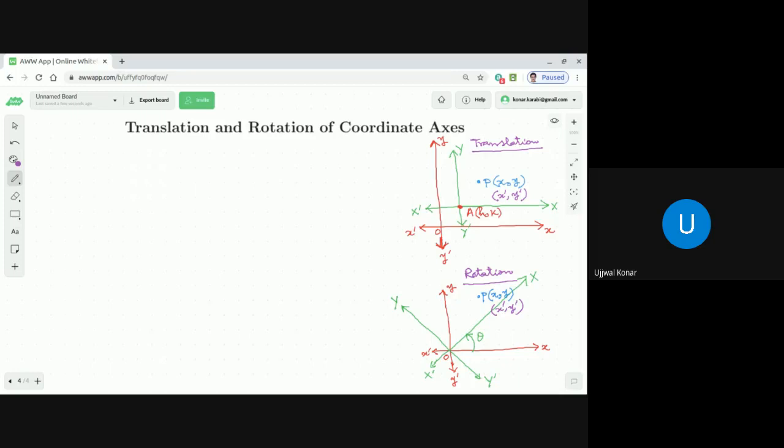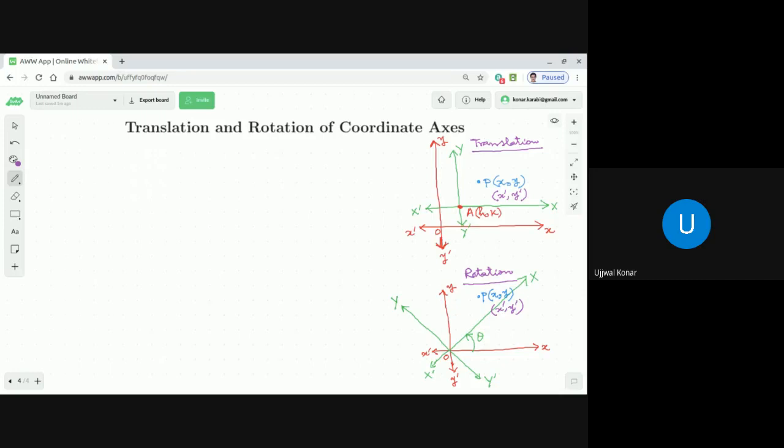And in case of rotation, when we rotate the coordinate axis anti-clockwise by an angle theta, we need to find the coordinates of the same point P with respect to the new coordinate system, expressed in terms of x, y, and theta. And that we are going to discuss now, dear students.